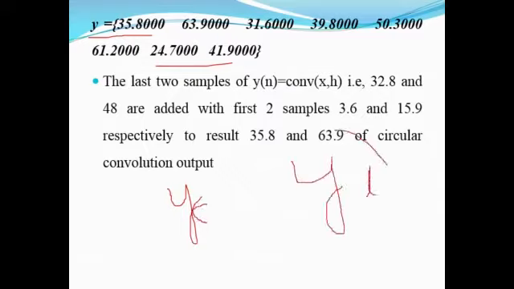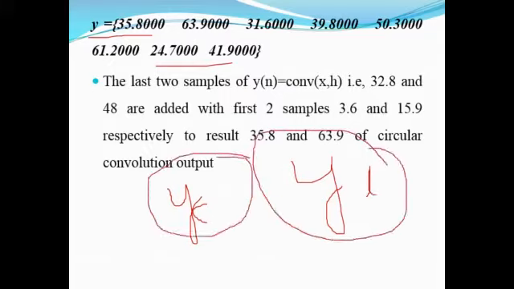So this is the linear convolution result and the circular convolution result of the output. The y of n obtained from circular convolution can be obtained by using linear convolution as well. If we know the result of linear convolution, we can determine the circular convolution result.